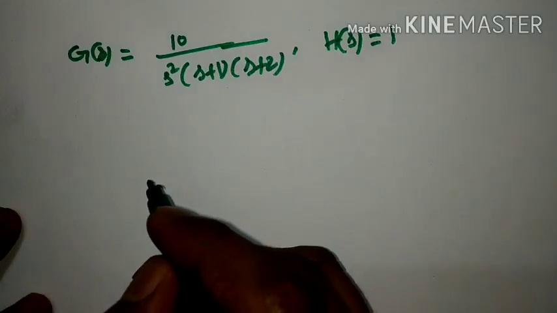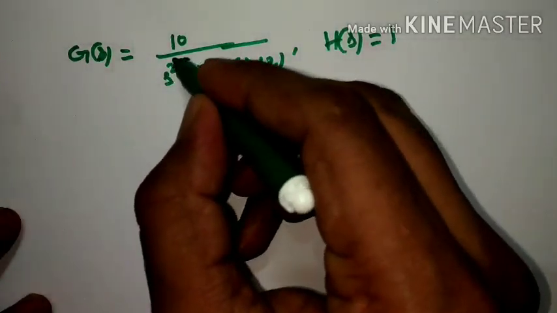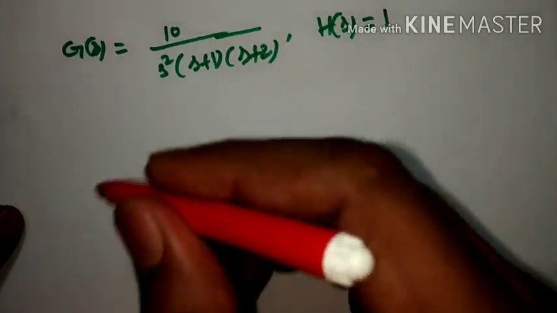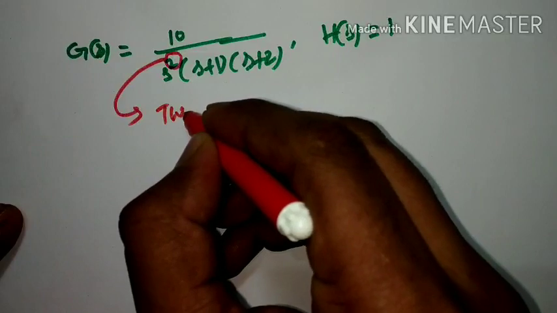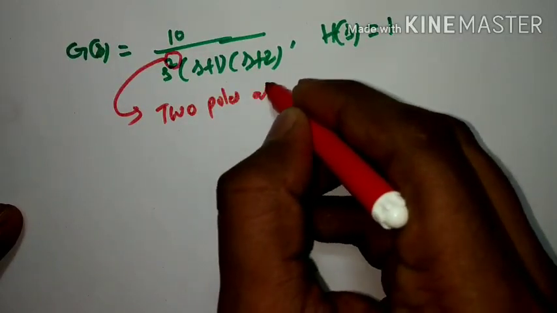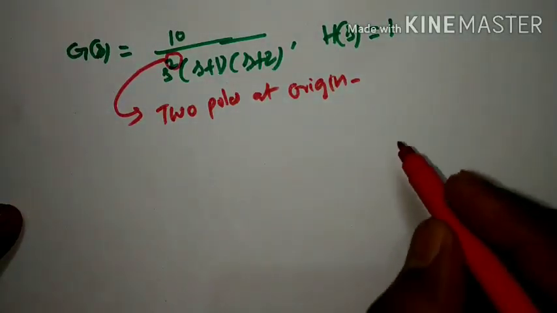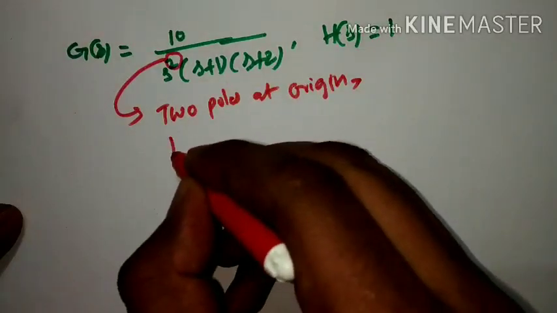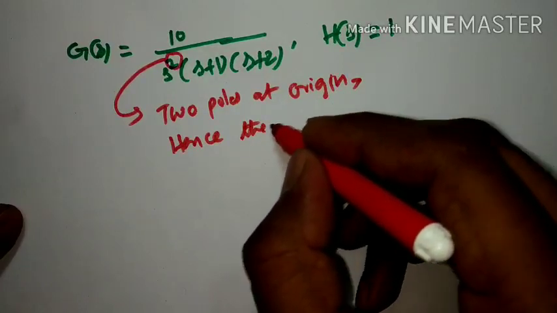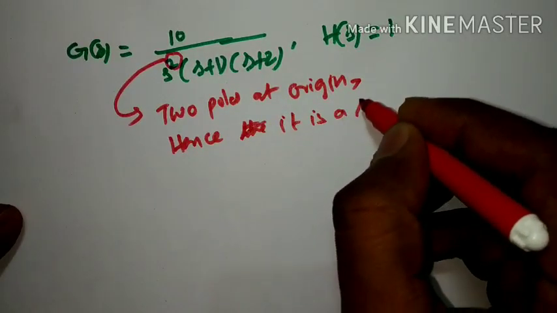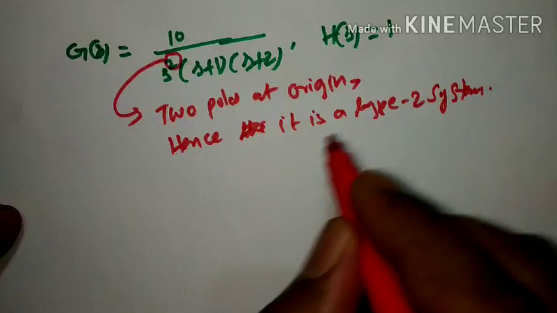Now you see that the open loop system has two poles at origin. s square means two poles at origin, hence it is a type 2 system.